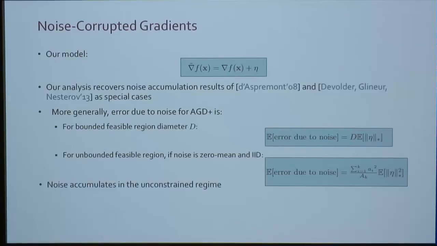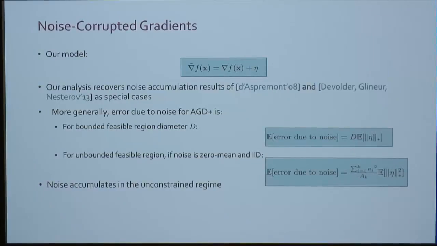Now, if you're familiar with the accelerated methods, by looking at this for a little bit, you can see that in this case, noise accumulates. The reason it accumulates is that these little a_i's are linear in i. So this you can think of as a sum of i squares. So this scales as k cubed. This scales as k squared. k is the iteration count. So your error increases linearly. This should be less than or equal to in both cases.